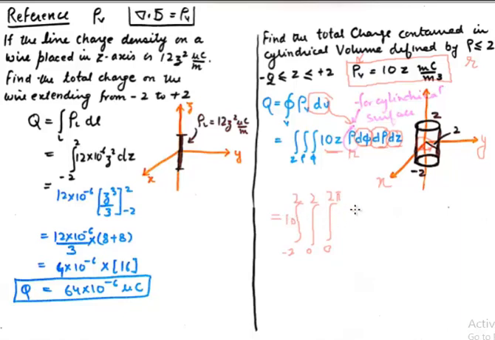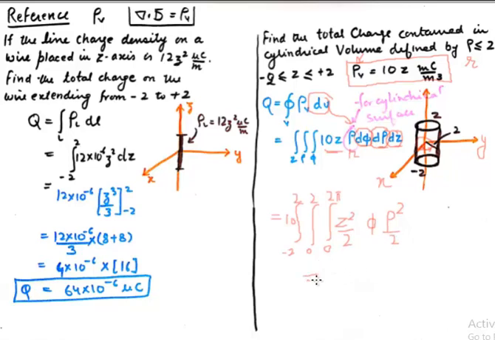And because this is simple multiplication with all independent variables, I can say z square by 2, phi will get a phi, and this will get rho square by 2, r square by 2, z square by 2.